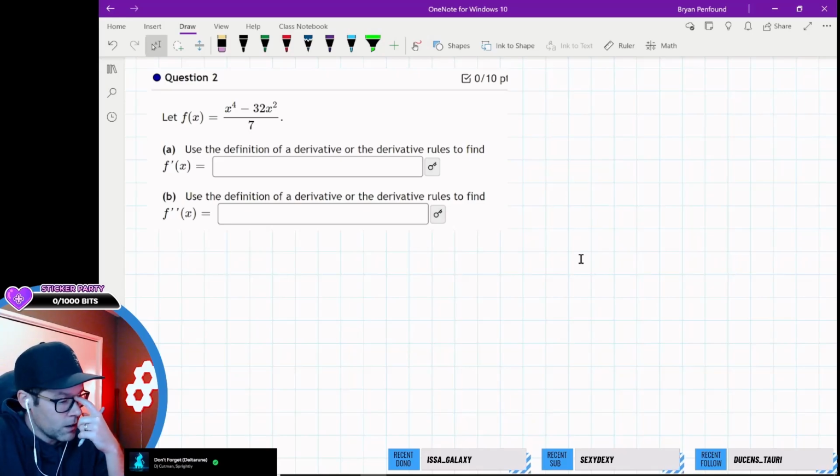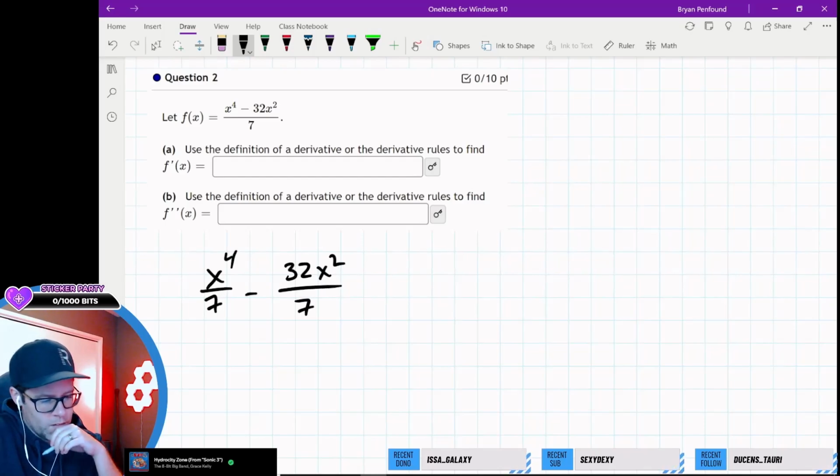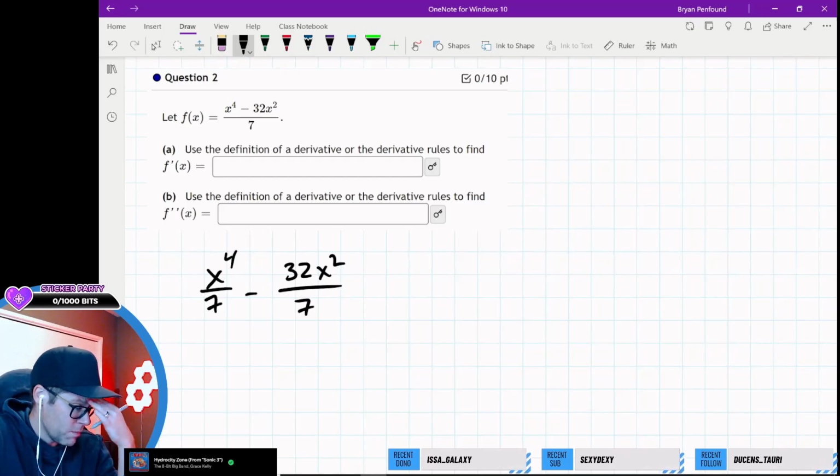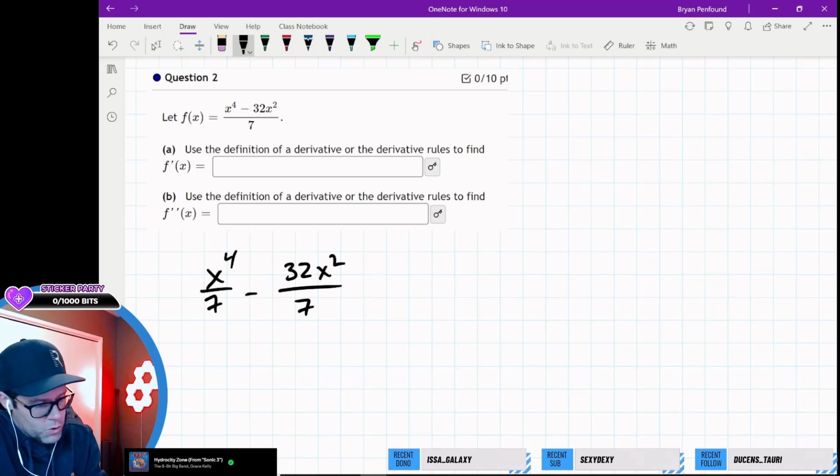This 7's kind of awkward, I'm not going to lie. But we should be able to reasonably do this. I'm just going to think about this as maybe x to the 4 over 7 minus 32x squared over 7. It's going to be a bit weird with these 7's, but I suppose it just follows the usual derivative rule.